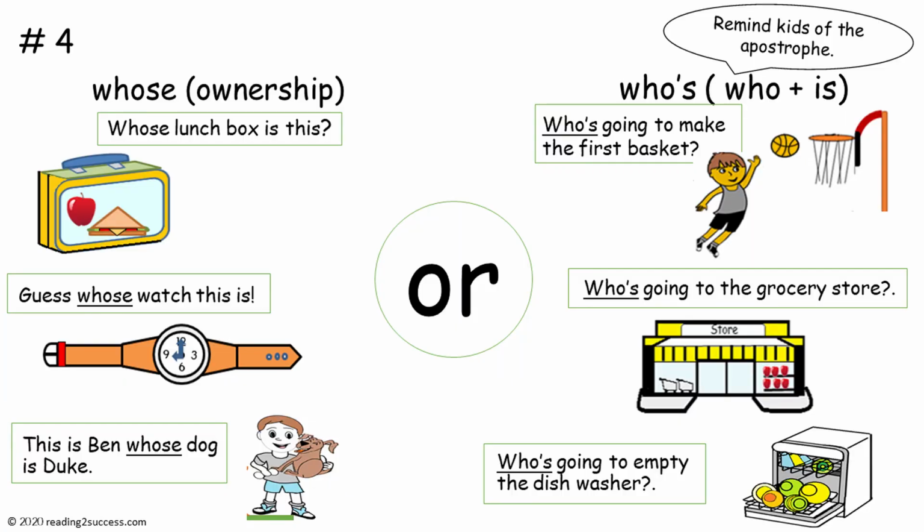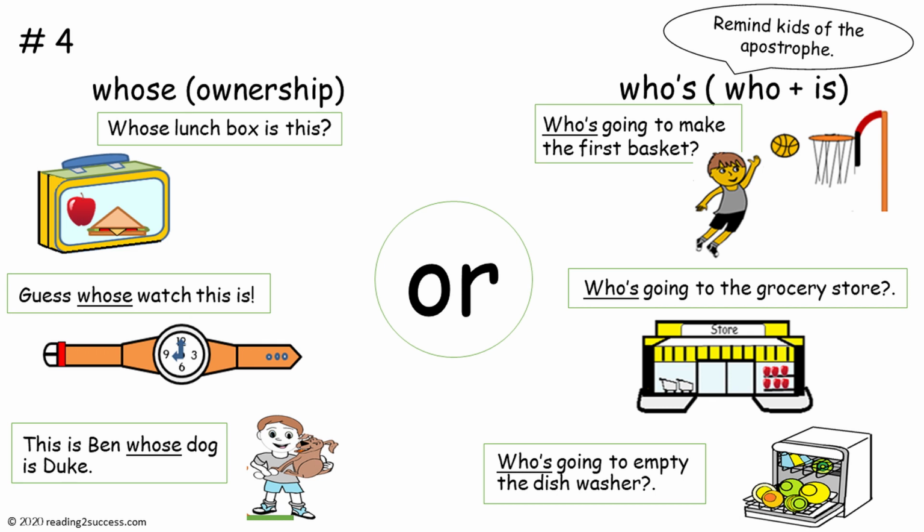Now introduce kids to number 4, whose, meaning ownership, and who's, meaning who is. Let's look at the three examples for whose, meaning ownership. Whose lunchbox is this? Guess whose watch this is? And this is Ben, whose dog is Duke.